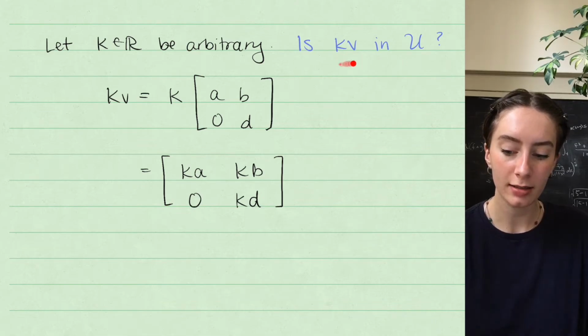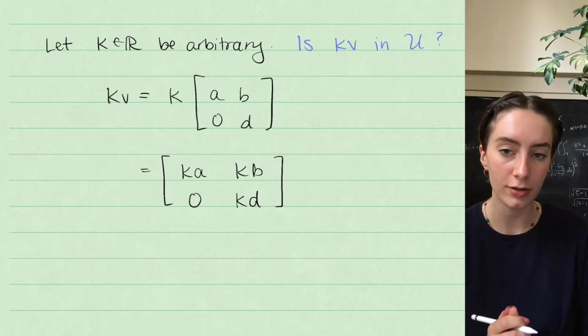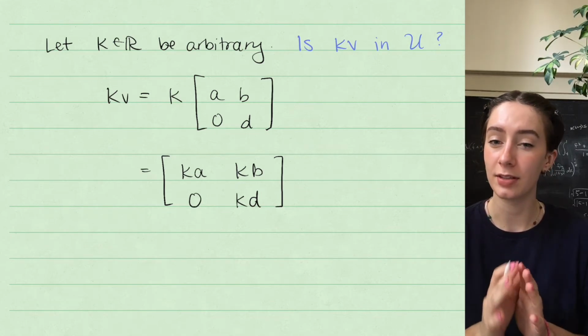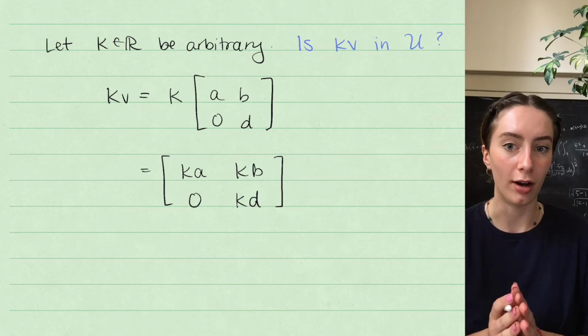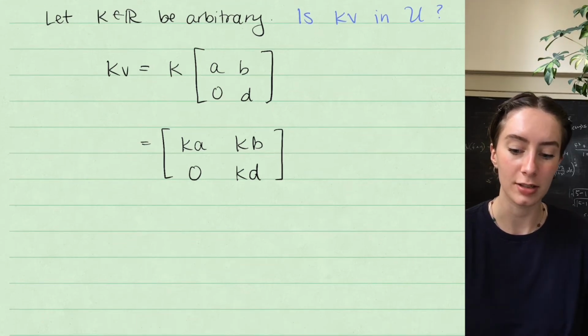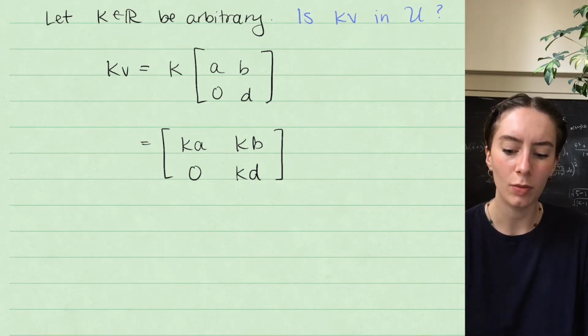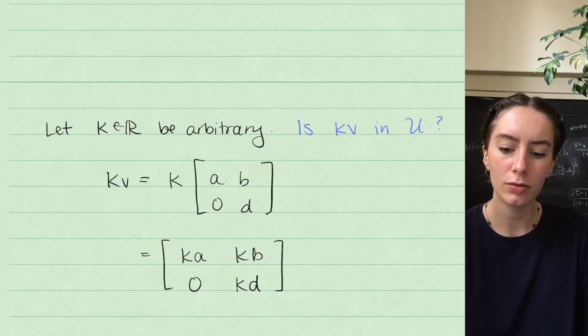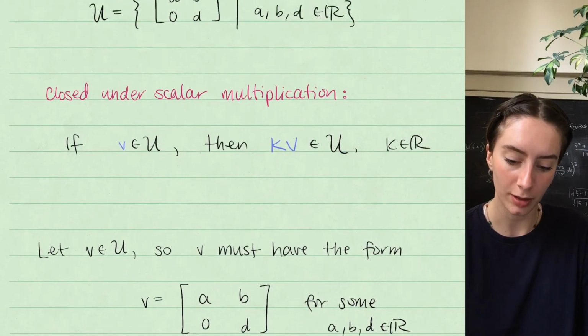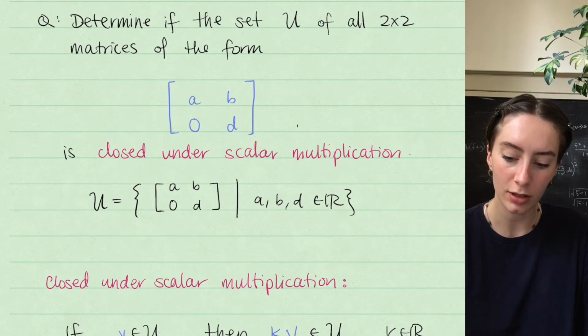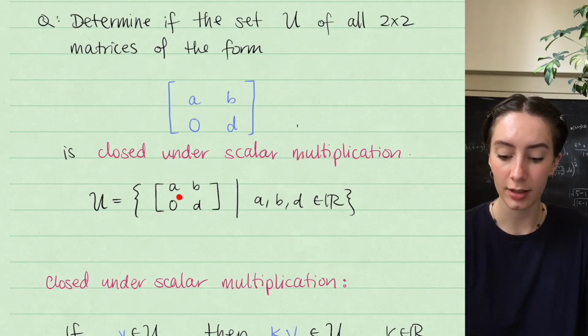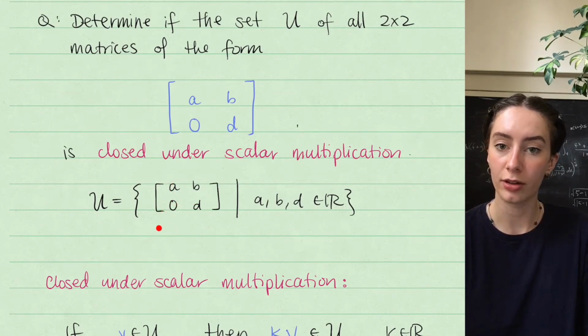We want to ask, is KV in U? If it is in U, then we know we're closed under scalar multiplication. If it's not necessarily in U, then we're not going to be closed under scalar multiplication. So if we think about what it means to be in U, just from the definition of U up here, what it means to be in U is that we're a 2x2 matrix and we have a 0 in the third entry.